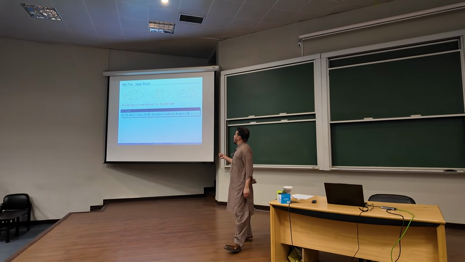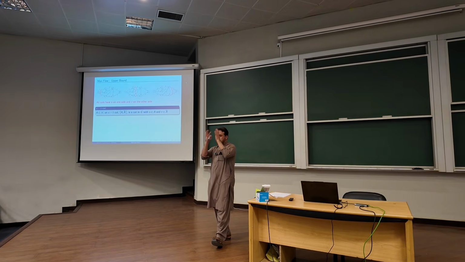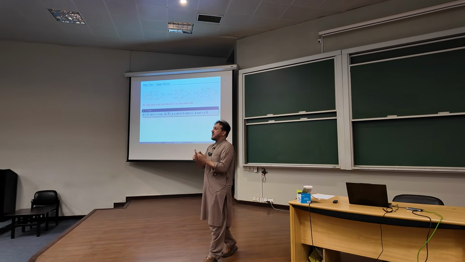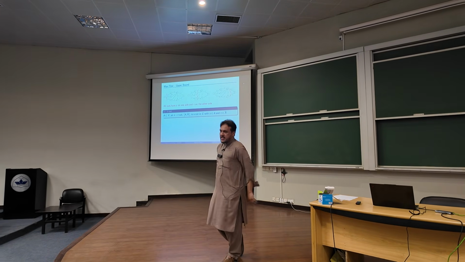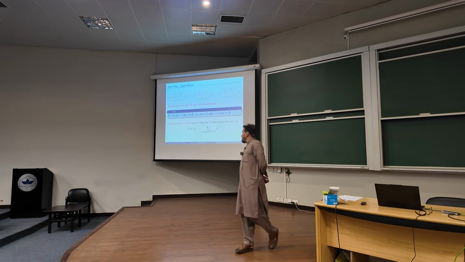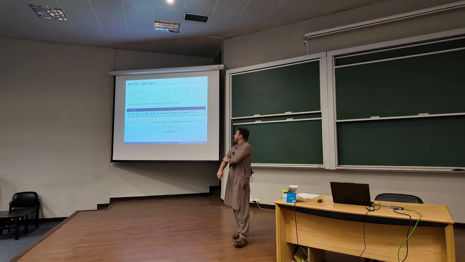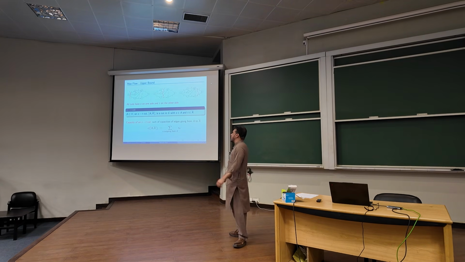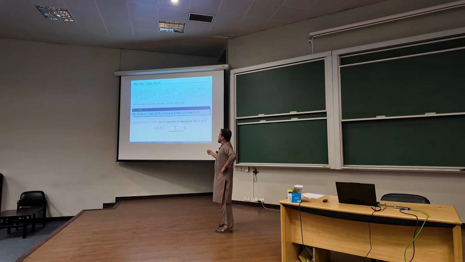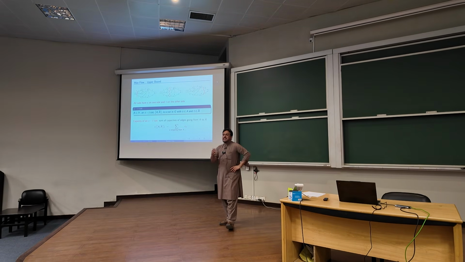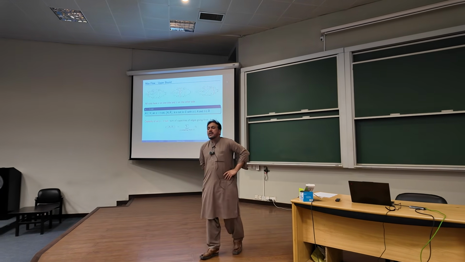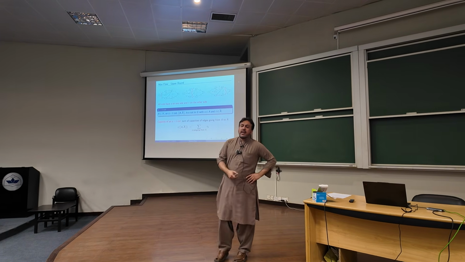So this is an ST cut. We understand it. It's a subset of vertices A which contains S but cannot contain T. That's the definition of ST cut. Now we define the capacity of an ST cut. The capacity of an ST cut is equal to the sum of the capacity of all edges that are outgoing from the cut A. What are these edges outgoing from the cut A?